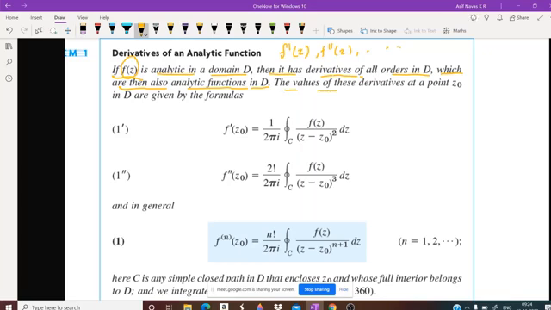And the values of these derivatives at a point z naught in D are given by the formula.